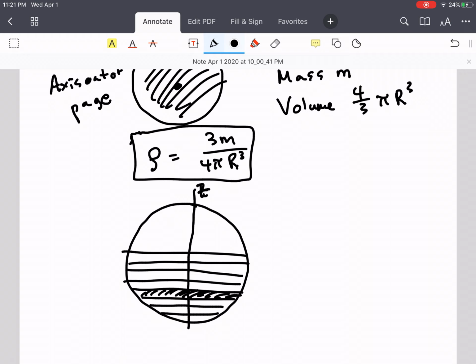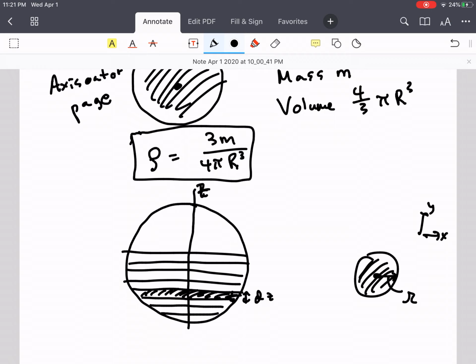And if I look down on one of these slices, so now here's my xy plane, it's just a disk, right? It's just a thin disk of radius, let's call it curly r. And the height of this is just the thickness of these little slices, which I'm going to call dz.